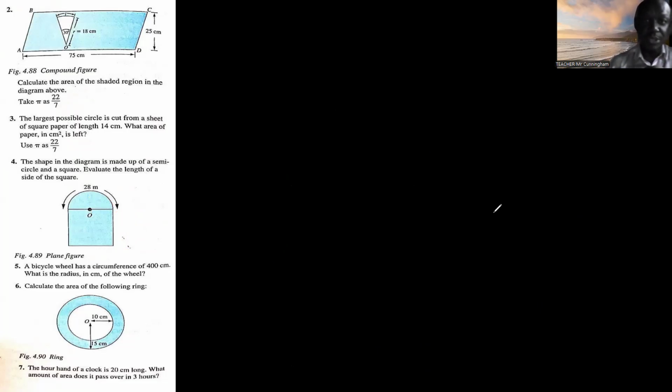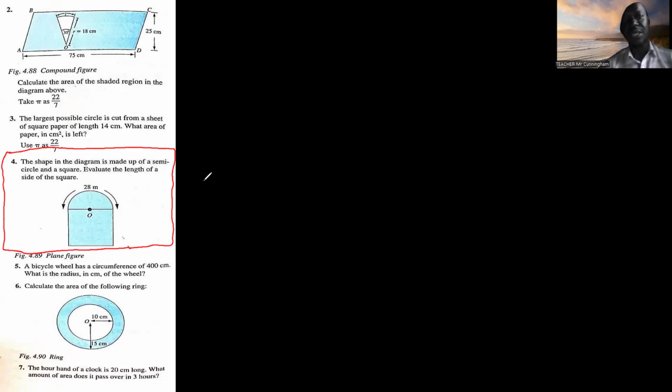We're looking at question 4 that, as I said, and we're using pi as 22/7. But CXC is going to tell you what pi is. All right. In this question, they had a half circle and they gave the length of the arc.